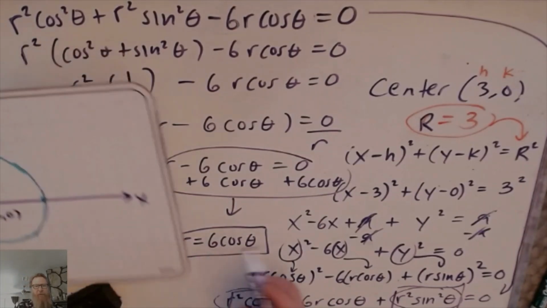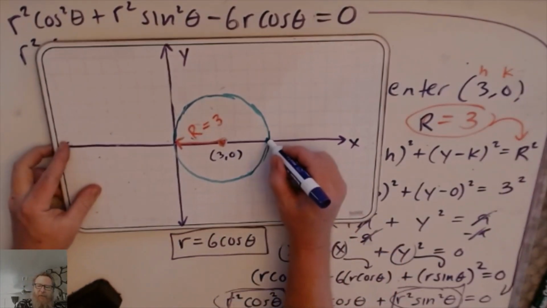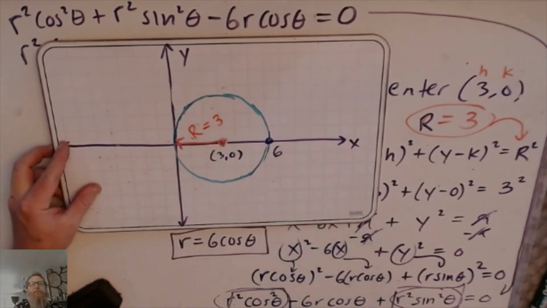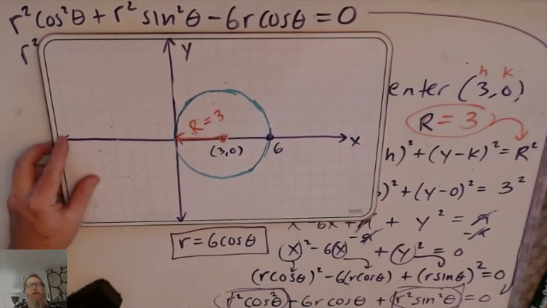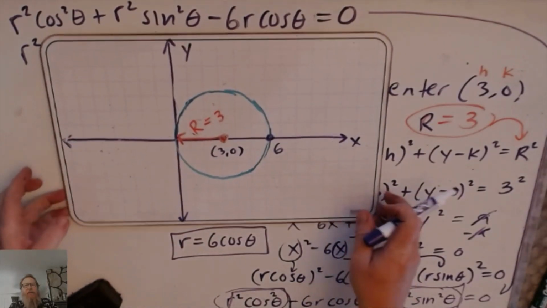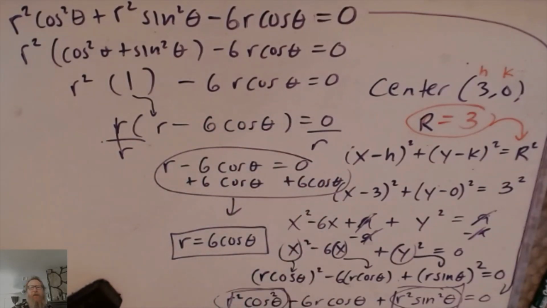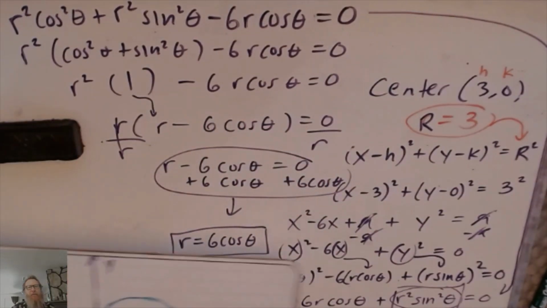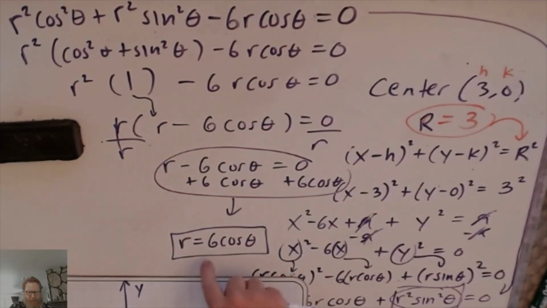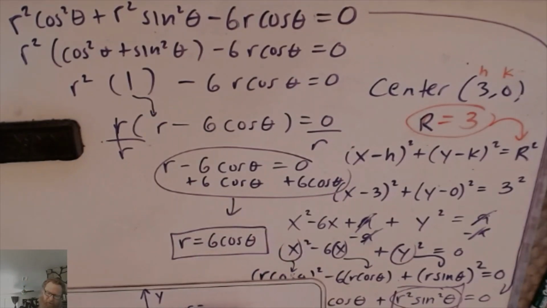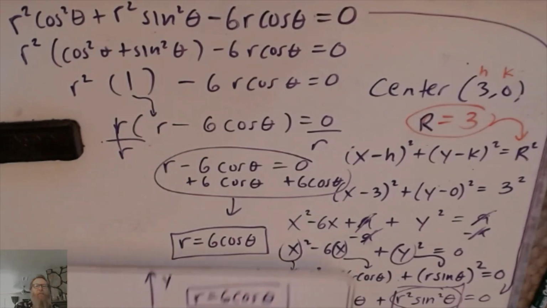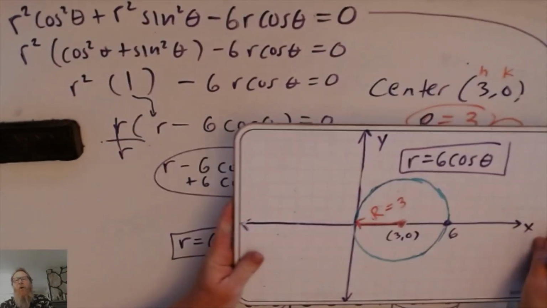You might wonder where the 6 is in the picture. The 6 is right here. Let me let you see all that work for a second. So this equation, let me just write it here, r equals 6 cosine theta, represents this circle in polar form.